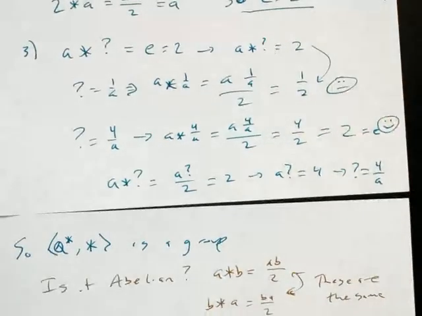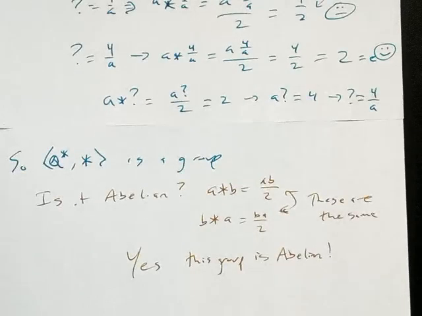Down here where I did inverses, Jalen, you are exactly right. I only did one side. I really should have done the inverse star A and showed that that worked out to be E as well. If you can determine that it's abelian, you don't have to worry about it.